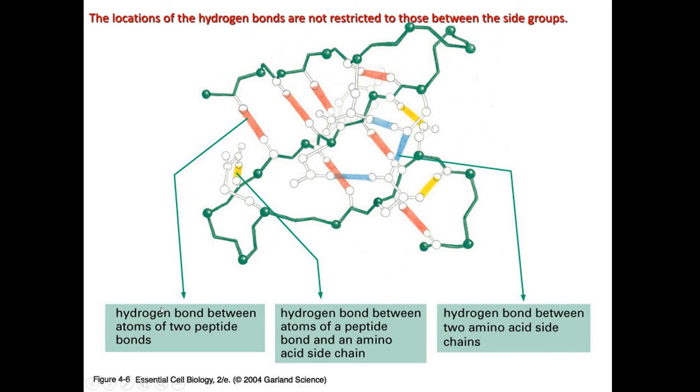Hydrogen bonds are found between the atoms of two peptide bonds, between the atoms of a peptide bond and an amino acid side chain, and also between two amino acid side chains. So these are the different types of hydrogen bonds that play an important role in the folded structure of the protein.